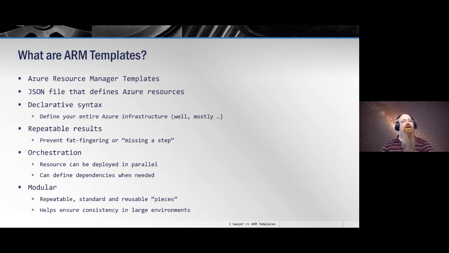Because that's all defined in the ARM template. It helps ensure that consistency, particularly in large environments. It also helps ensure consistency as you're deploying from, say, dev to test to QA to production, etc. So, all kinds of goodness in there.